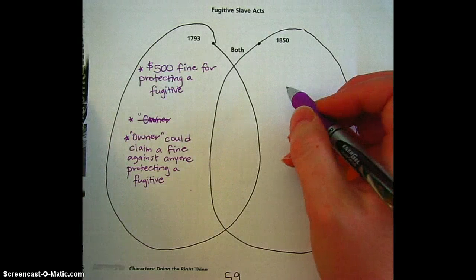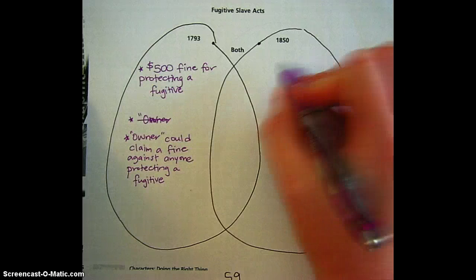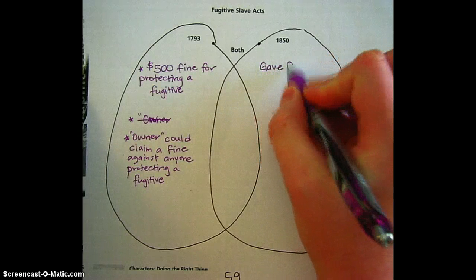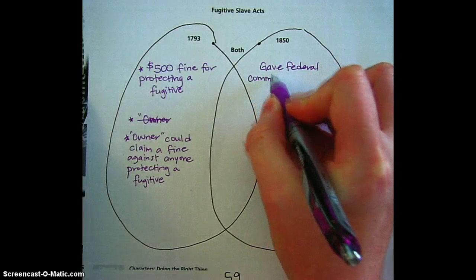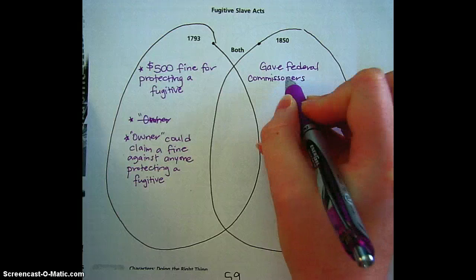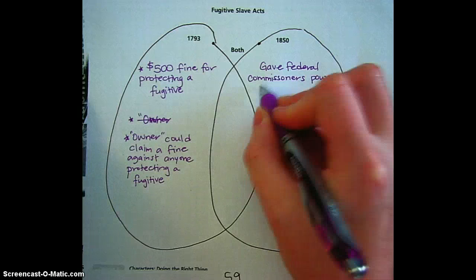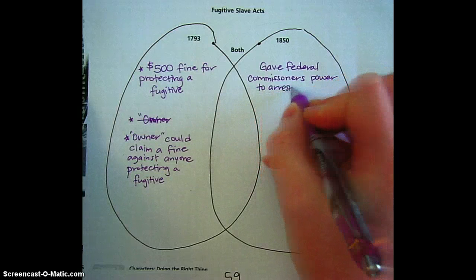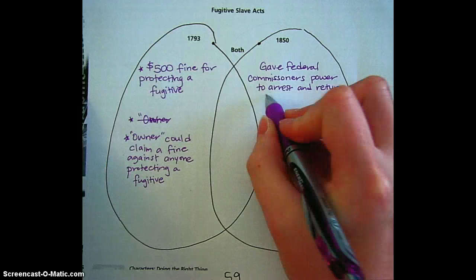As for the 1850 law, this law made it more damaging, more stringent, more strict on what you could and couldn't do. This gave federal commissioners the power to arrest and return fugitives.